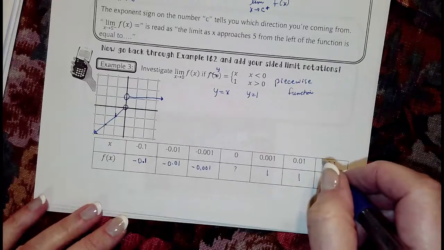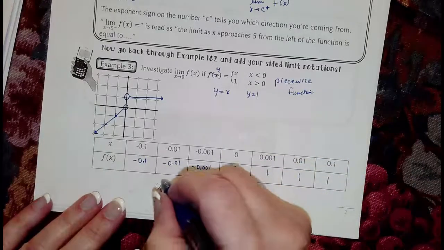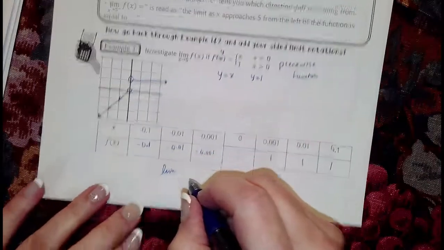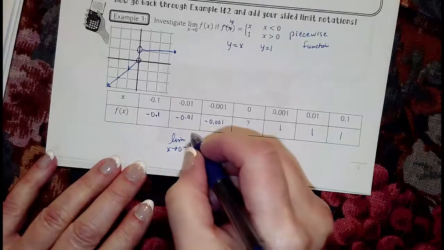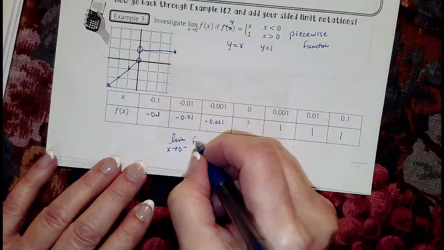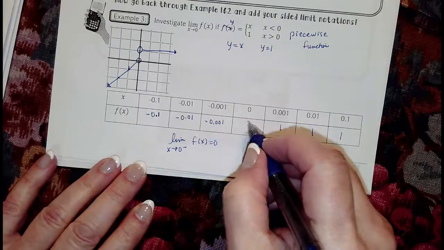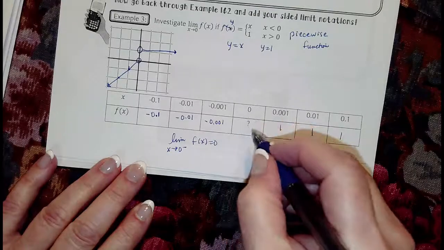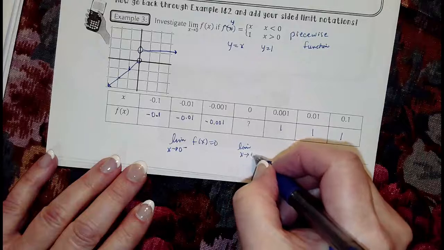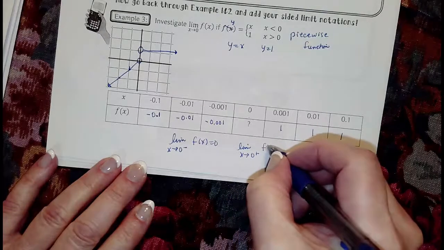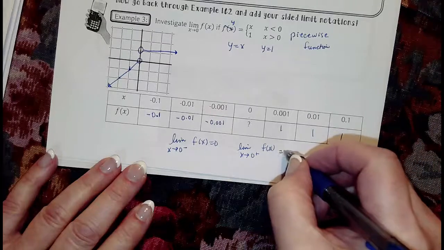So coming to the right side, where we're looking at the limit as x goes to 0 from the negative side, okay, we have f of x equaling 0, because see how these numbers are getting smaller and smaller and smaller, so it's approaching 0. If we have the limit on the other side, x going to 0 from the positive side, then our function is doing what? It's just going to be 1s all the time, so equals 1.